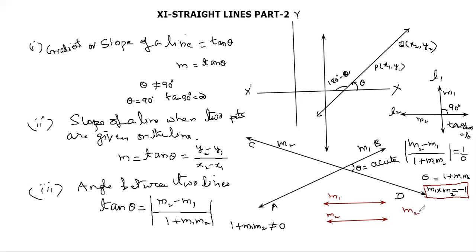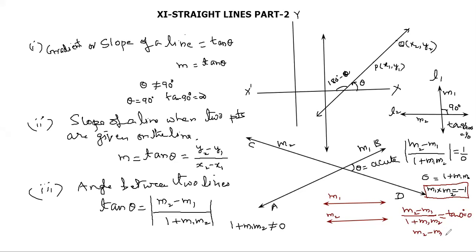So we can put in this formula (m1 minus m2) upon (1 plus m1 m2) is equal to tan 0 degrees. Tan 0 degrees is 0.